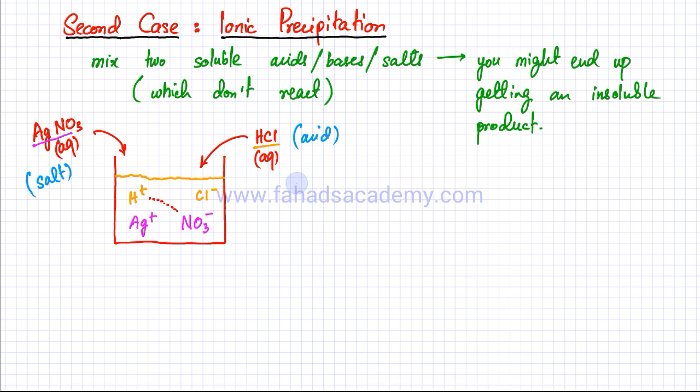So this is the list of possible products that you're going to have. My first possible product that can be produced is HNO3. So H+1 ions might end up colliding with the nitrate ions, and they can get together and form HNO3.